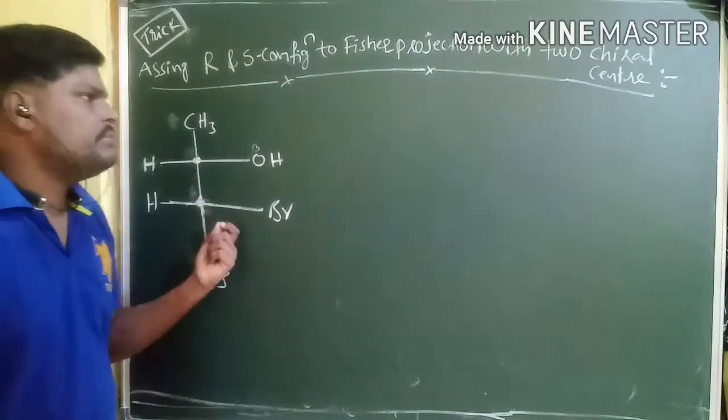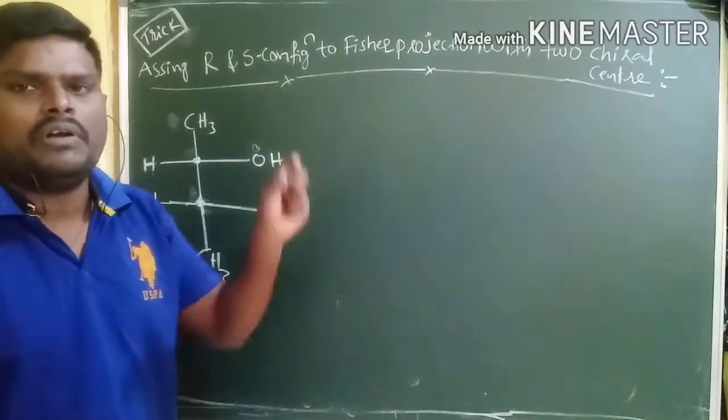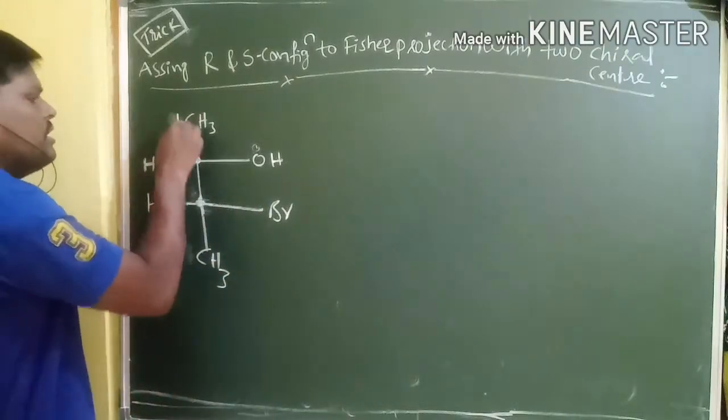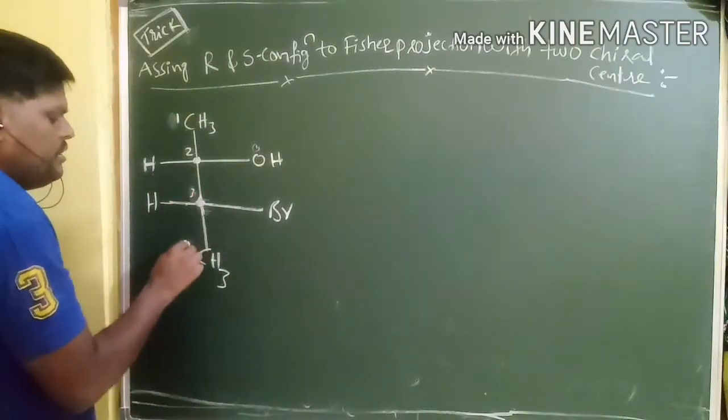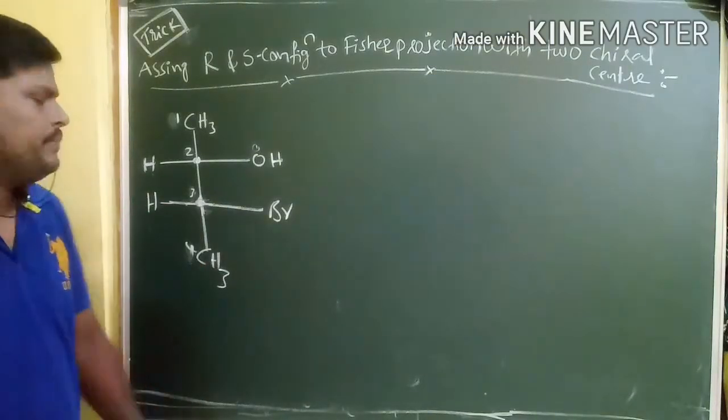So this is our example for two chiral centers. Before that, you have to pick the longest carbon chain for the given molecule. 1, 2, 3, 4. So 4 is our longest carbon chain for this molecule.